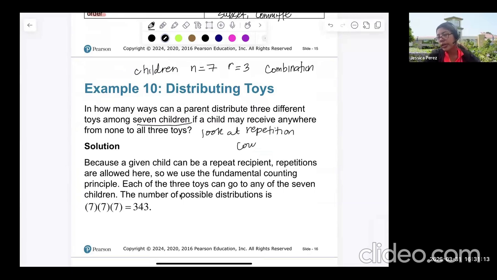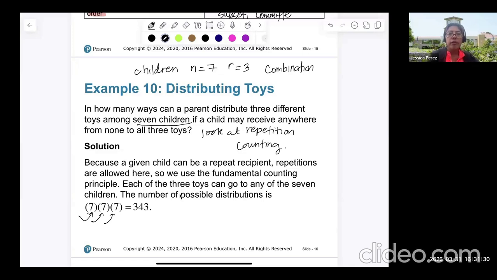So we're just going to be using our counting principle. How many selections can we have? We have only 3 toys and can split it among the 7. So 7 times 7 times 7 would be 343.